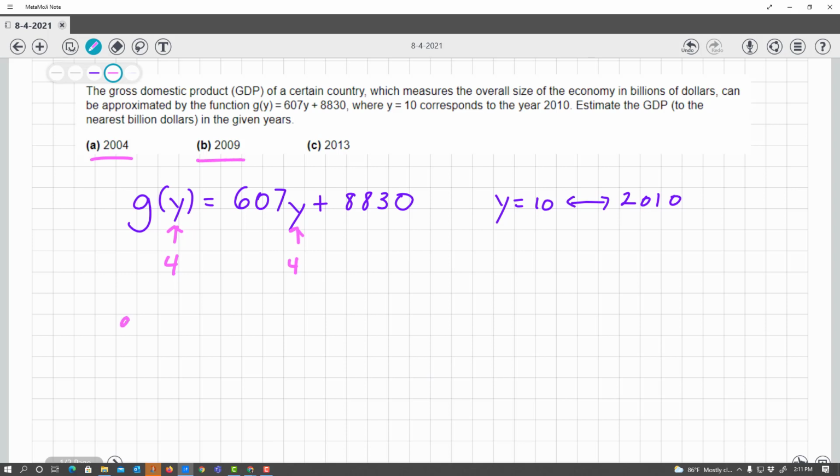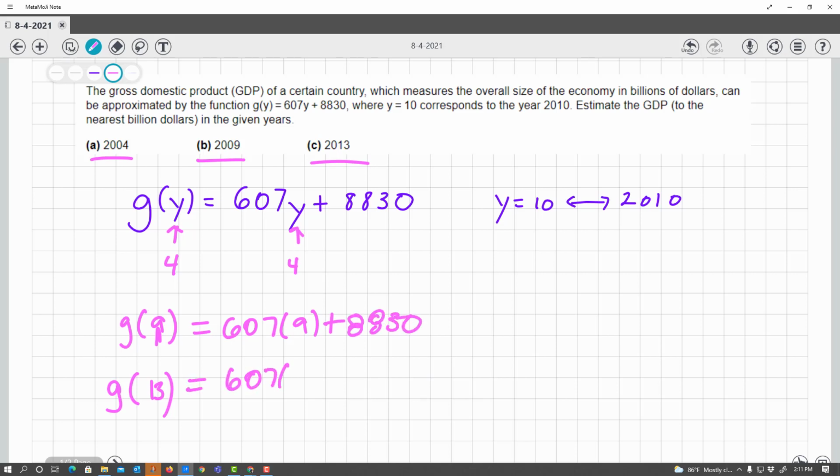Here, you would be plugging in a 9. And then, of course, I make ugly g's and ugly 9s, huh? And then the last one, 13. So you're just using the same equation and plugging in these values. This is just a use of functions, as you can see with a real-world example.